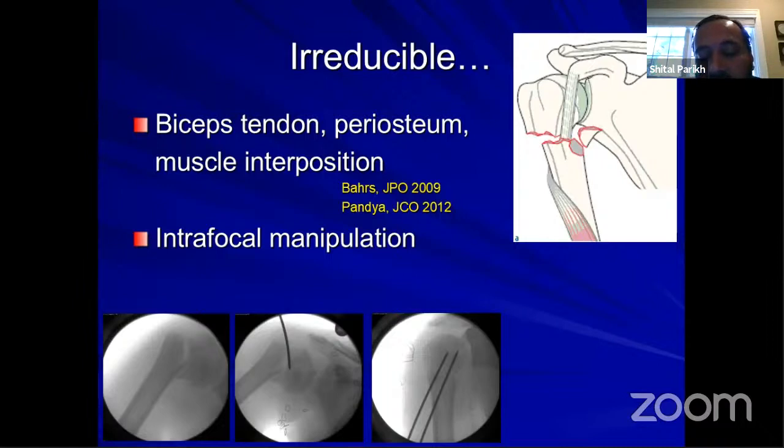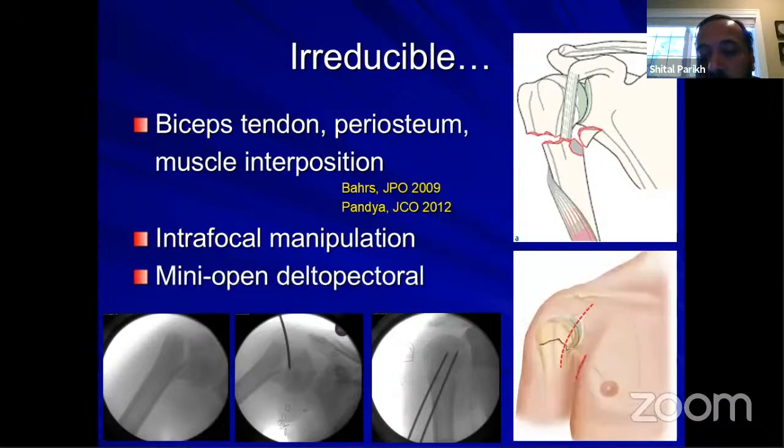Or if you can't get it reduced this way, then you can make a small incision to put your finger in through the deltopectoral groove. You don't have to make a big approach. You can just make a small incision here, put your finger through the deltopectoral interval into the fracture site, and just clean the fracture area, and you'll be able to reduce it. So it doesn't take a big approach like a typical deltopectoral approach to reduce these fractures.